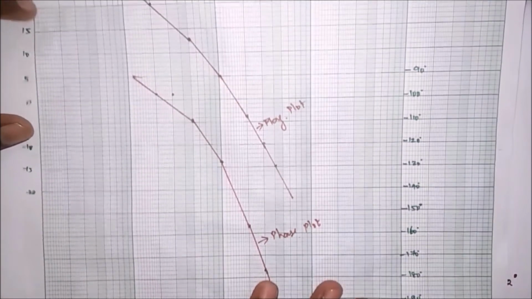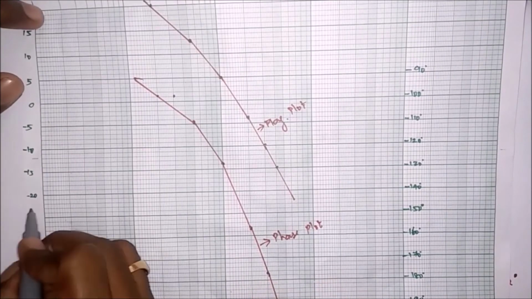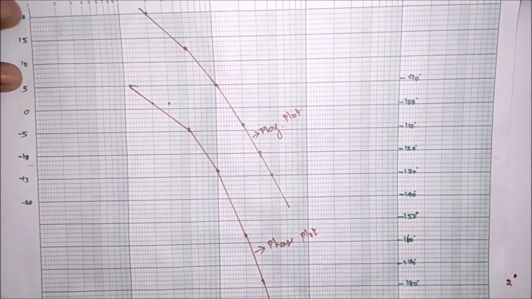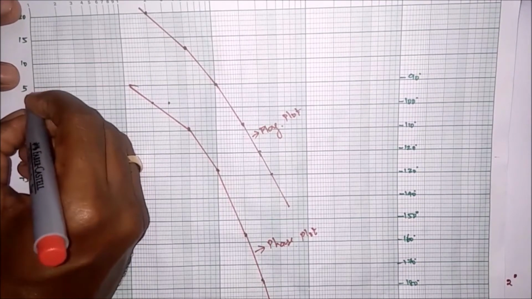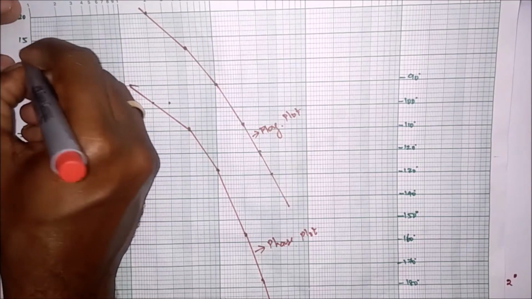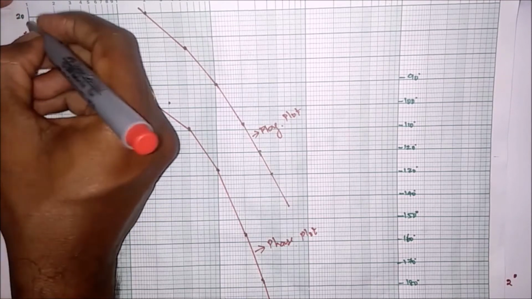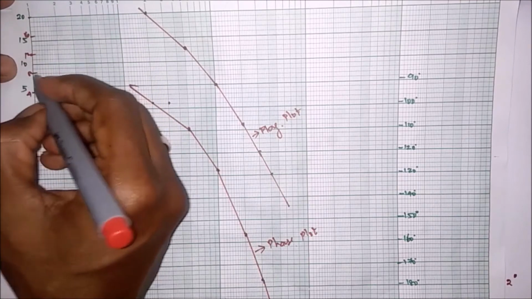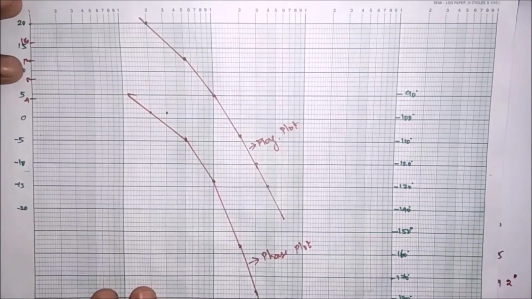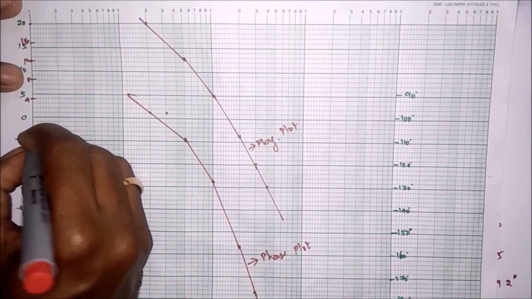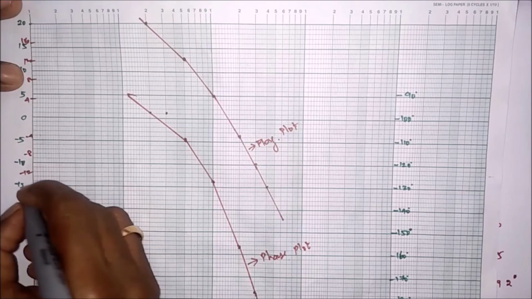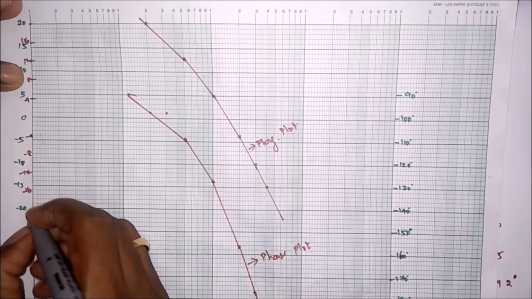Next, what we have to do is draw the Nichols chart from the Bode plot. So we have to take the magnitude in steps of 4, for example 20, 16, 12, 8, 4, 0, minus 4, minus 8, minus 12, minus 16, minus 20.